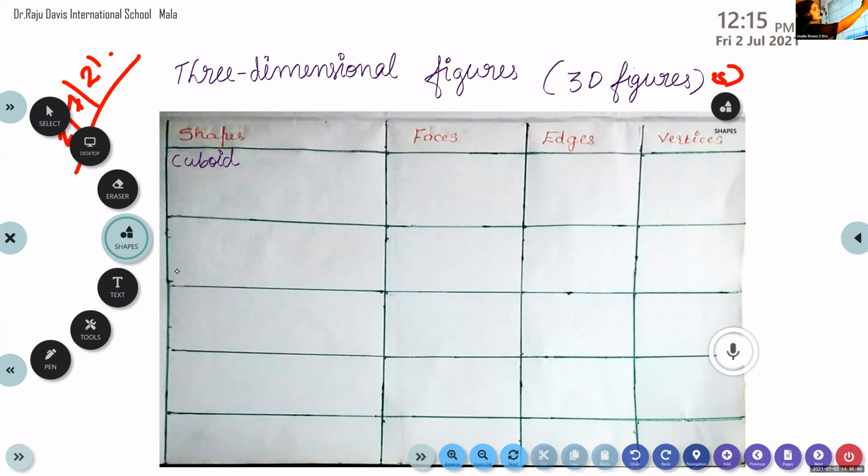Keep the scale aside. Now start writing. Ma'am, finished. Yes, ma'am. Cuboid. Okay, wait.